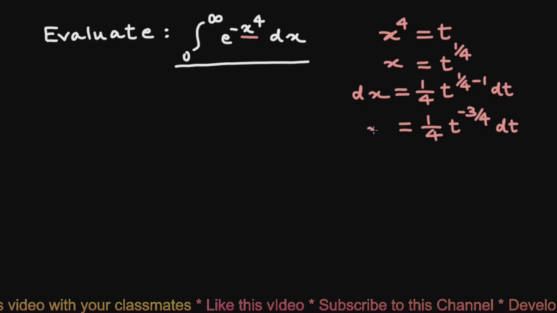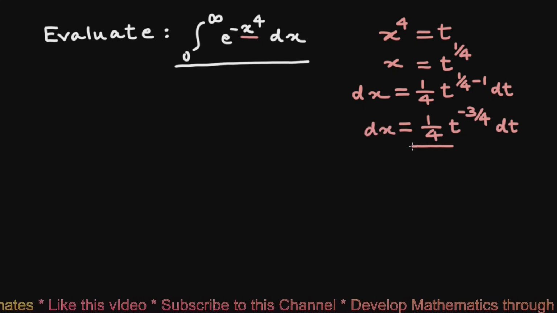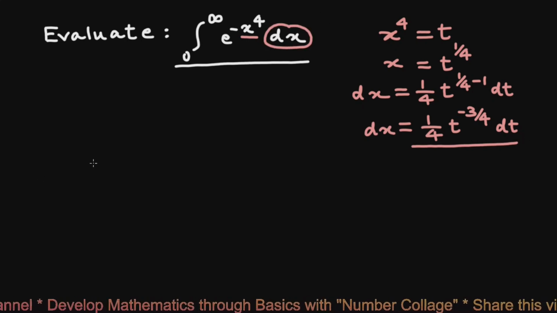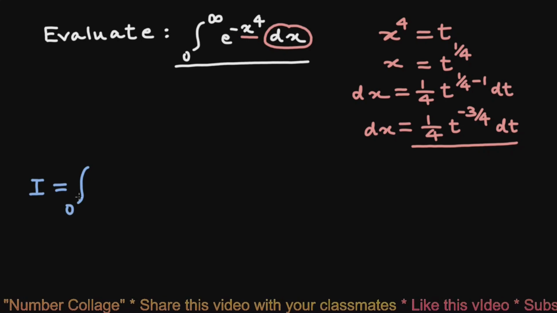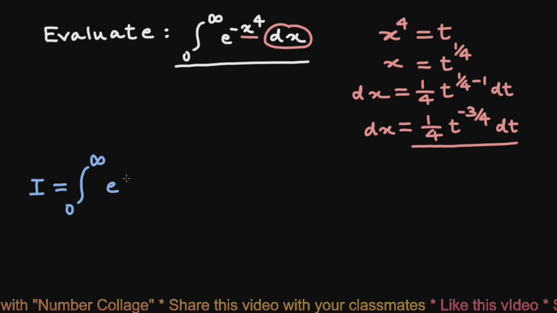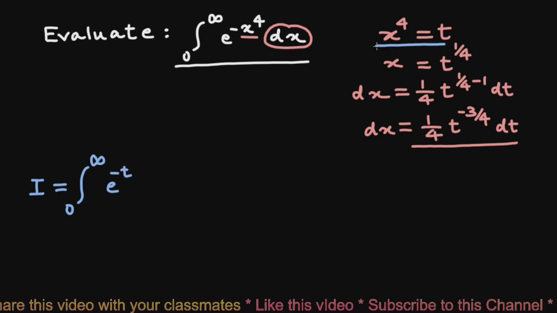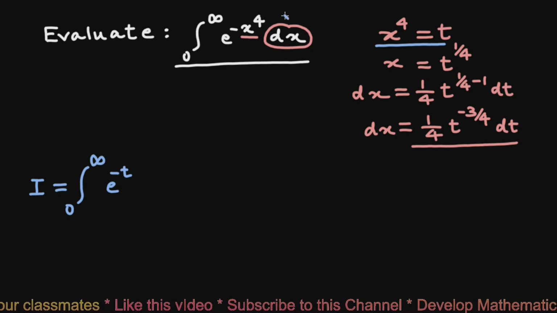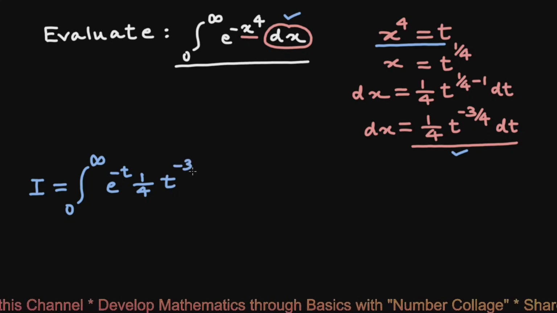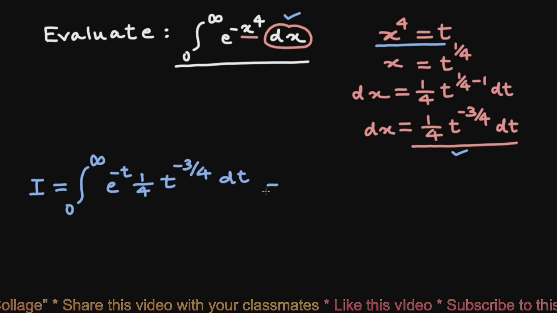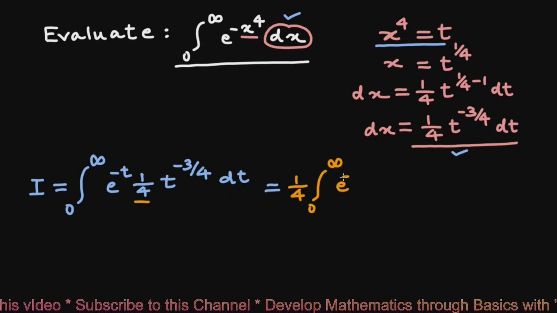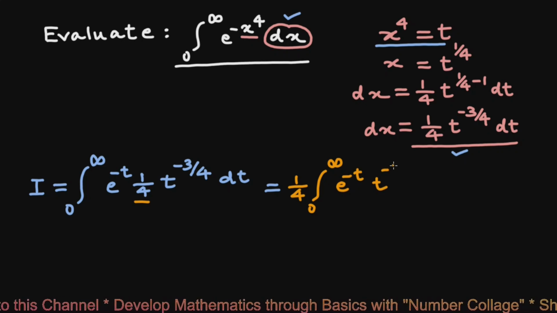So we will use this value of dx, which is 1/4 t raised to minus 3 by 4 dt, for this dx. So our integral becomes integral from 0 to infinity of e raised to minus x raised to 4 will become e raised to minus t as per this substitution. And for this dx we will use this 1/4 t raised to minus 3 by 4 dt, which will be this 1/4 integral from 0 to infinity of e raised to minus t into t raised to minus 3 by 4 dt.